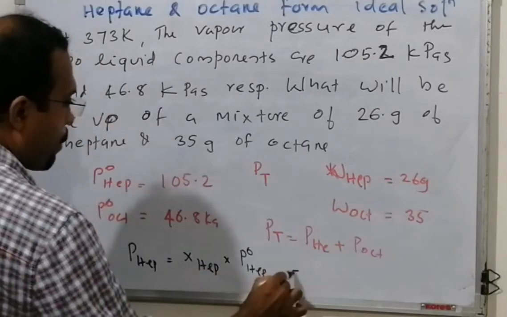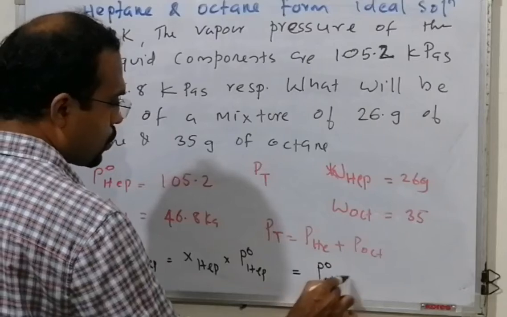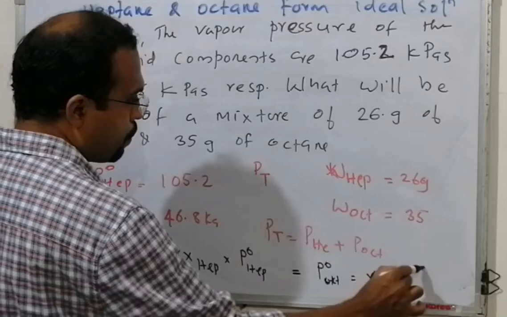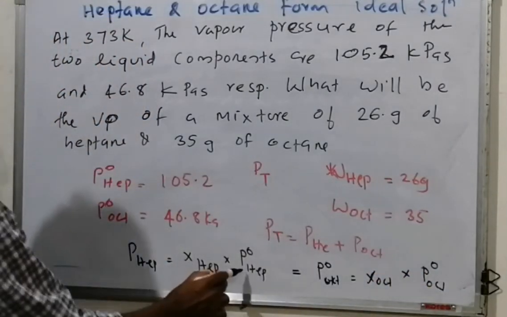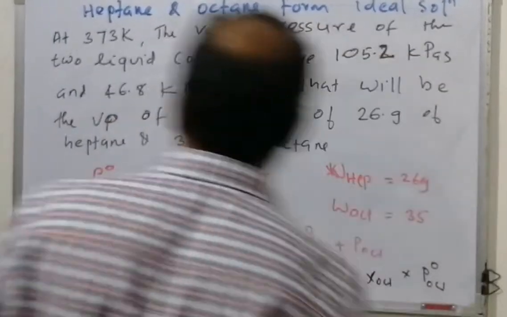P octane is equal to mole fraction of octane into P0 octane. Now you know this, but you have to calculate the mole fractions. How do you calculate the mole fraction?